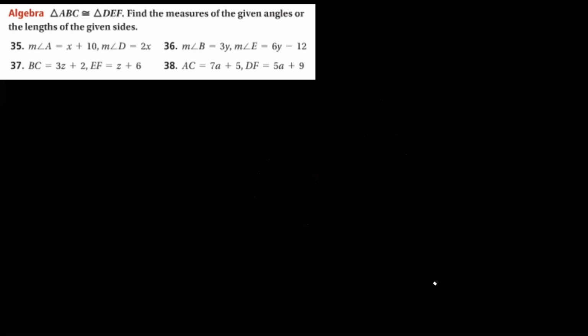Now let's try, we have 2 minutes left. Let's solve this one here. He told me to find the values of the variables. Here, triangle ABC is congruent with triangle KLM. Now, what does it mean if they are congruent?